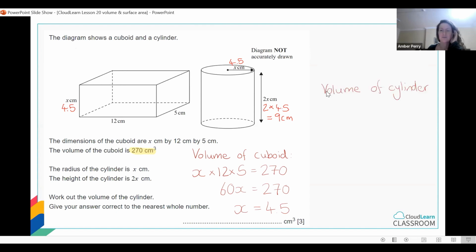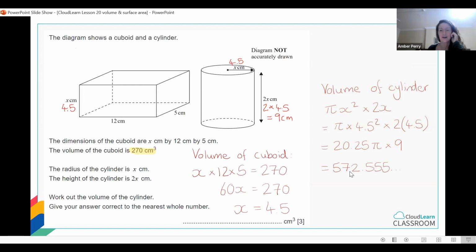So the volume of the cylinder is pi times x squared multiplied by 2x. And substituting those values for x in, we're going to have pi times 4.5 squared times 2 times 4.5, or 20.25 pi times 9.